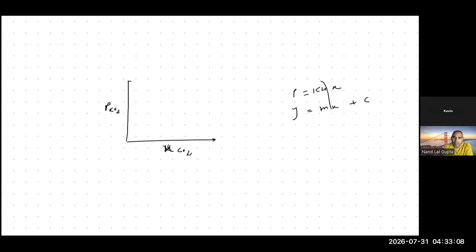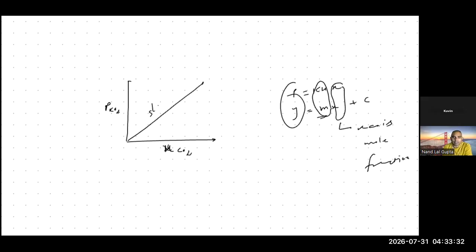On the x-axis you are taking the mole fraction, and the y-axis is the partial pressure. So this is a positive slope, and the slope is going to be KH. So the graph of Henry's Law will be like this.